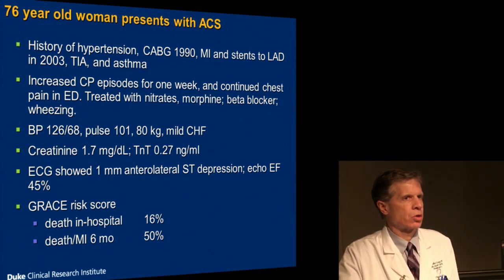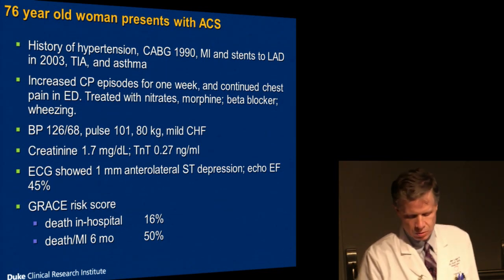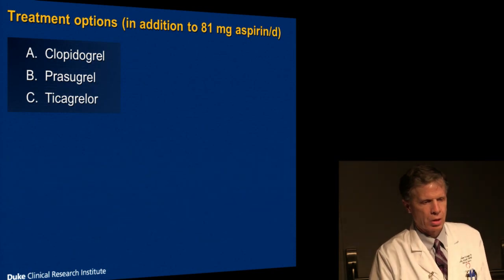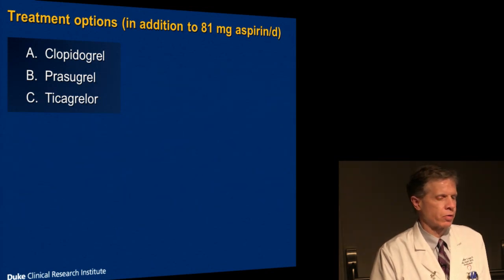They look at troponin and the EKG, for example, and so anyway, I think these risk scores are helpful, and in fact, the risk score there was elevated in that high-risk range of greater than 3% in-hospital risk of death.